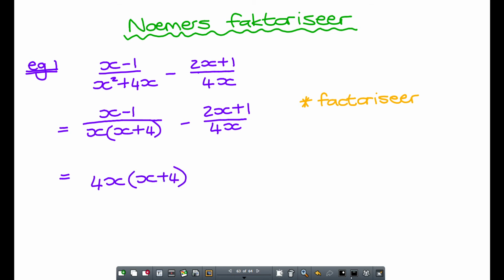Want, have a look. I don't have to repeat that x because I have an x there already. Nee. Goed. So, gaan nou vir jou wys wat bo gaan staan. So that is what I'm going to make my denominator.